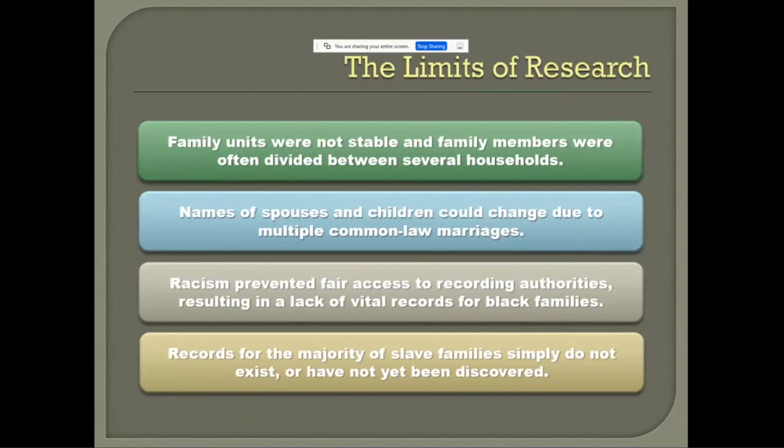So I am finding marriage records, though, are pretty good. But even then, people would just get married and not officially record it. And records for the majority of slave families simply do not exist. Or if they're listed just by first names, you don't know. So for a lot of cases, 1870 is going to be the limit.